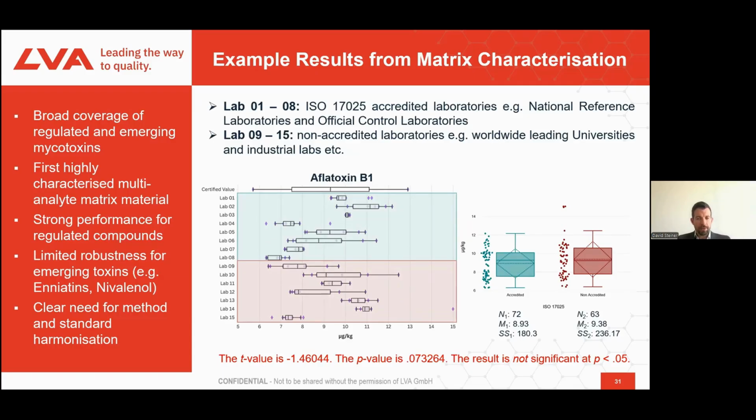What we can see here is a very good overlap between the two data sets, based on the information here in the box plot overlap, confirming both the quality of the material and also the robustness of the study design.